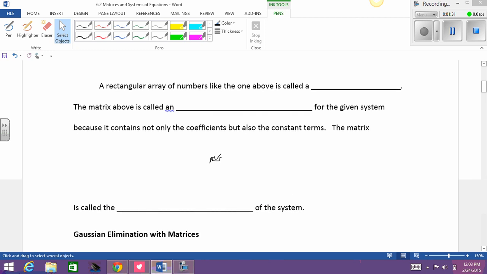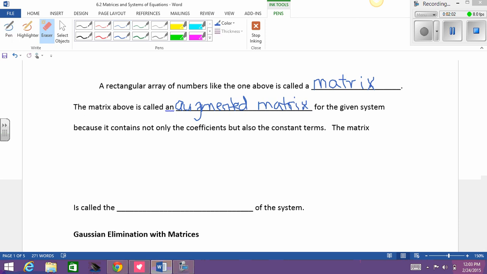So a rectangular array of numbers like the one above is called an augmented matrix, or a matrix. The matrix above, the one we looked at, is the augmented one, because it contains not only the coefficients but the constant terms.